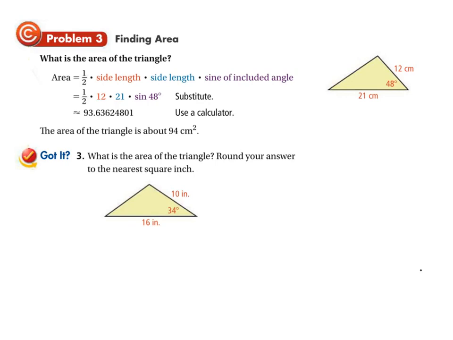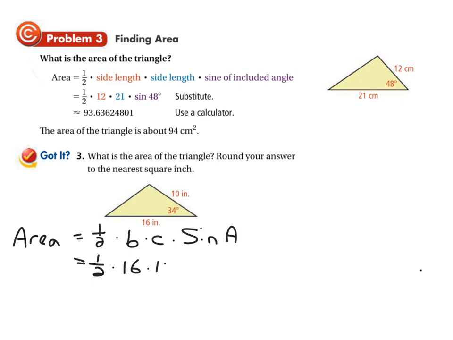Okay, so we want to write the formula down: the area of this triangle is going to be equal to 1/2 times one of the sides given times the other side given times the sine of the angle given, or 1/2 times 16 times 10 times the sine of 34 degrees.